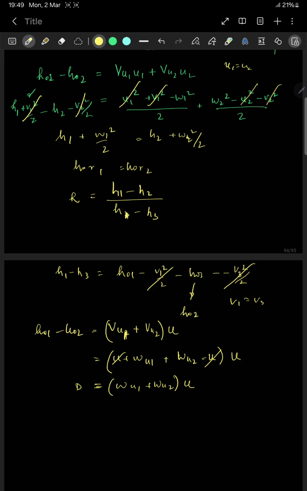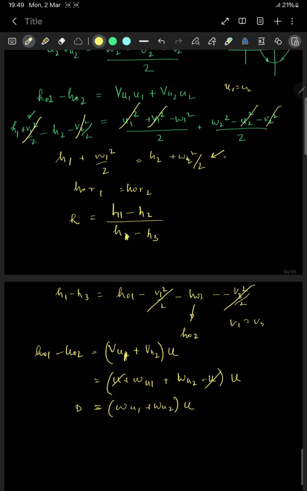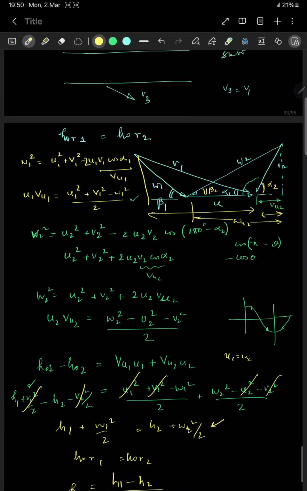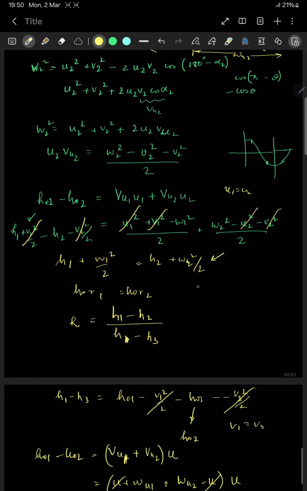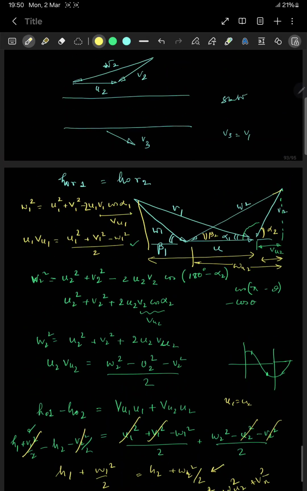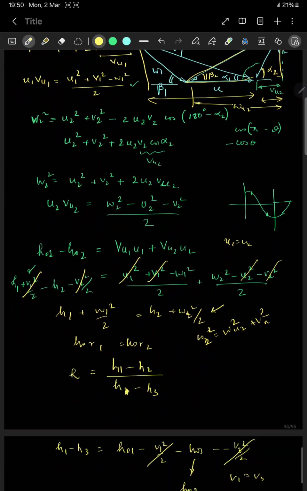The numerator is written from here, and needs a bit more modification. w2 square equals wu2 square plus vx square. This is the Pythagoras theorem, because this is a right angle triangle, right? This is vx, the height.